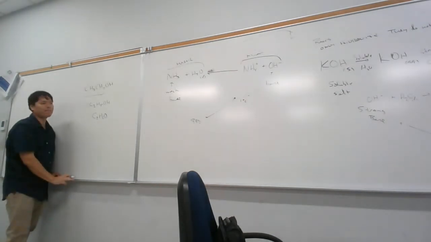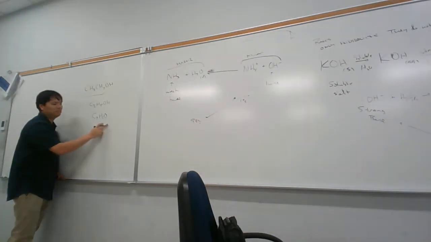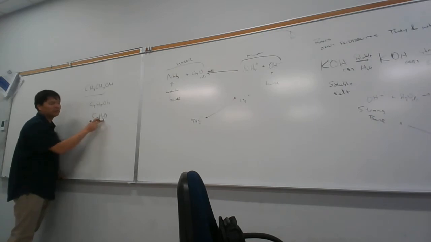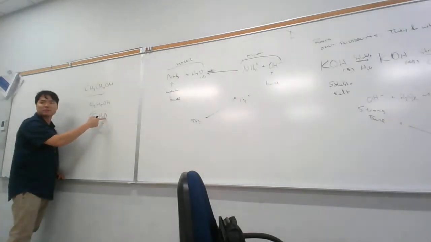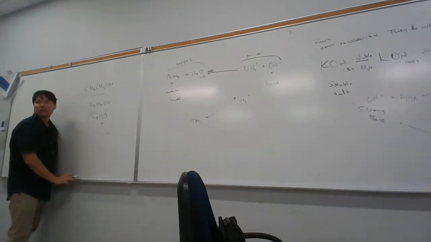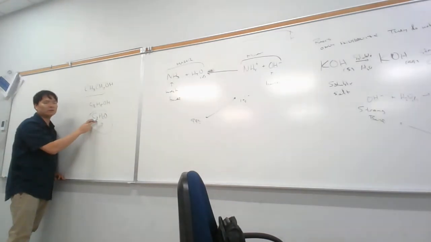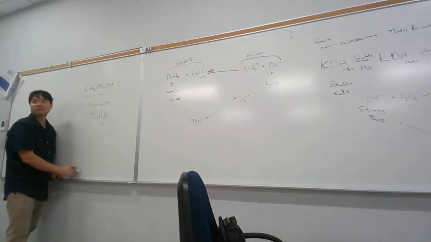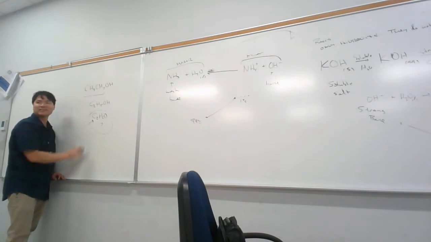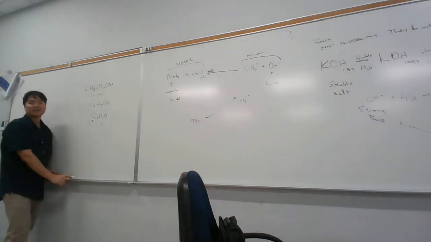No. In fact, when you write the formula here, we don't know what it is because there are multiple compounds that have the same formula. And so this might be ethanol, or it could be something called dimethyl ether. And ethanol you could drink, but you can't drink dimethyl ether. And so if somebody said, I'm going to give you some of this, I wouldn't drink it.